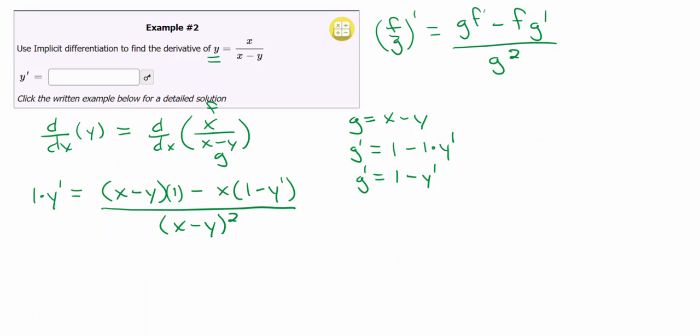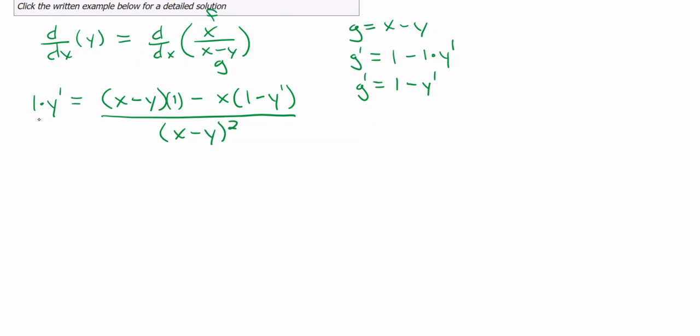So we've taken the derivative, but now you'll see that I've actually introduced two y primes. We want to solve for y prime, but now we have multiple y primes going on. So let's simplify the brackets in the numerator for a second. What we have left is y prime equals, so all of this would just become x minus y, and then I will distribute this negative x in.